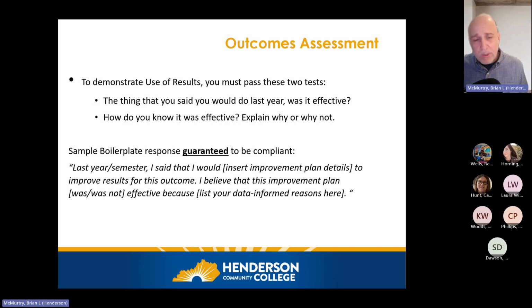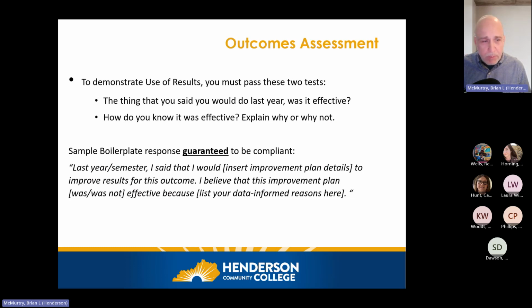So what I provided for you in these slides, and I will share out the slides so you have this text, is sample boilerplate language that, if you use it, you are definitely going to be compliant with the use of results. You have permission to use this text, but you need to say something like, last semester, I said that I would do blank, whatever those improvement plan details were last semester or last year, to improve results for this outcome.